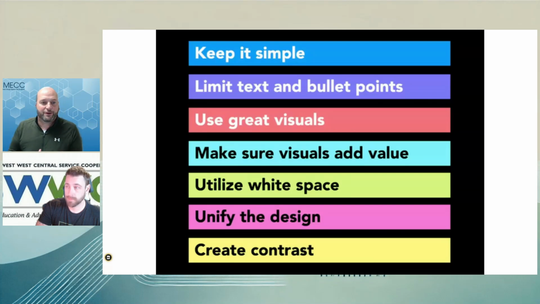And then finally, creating contrast between the text and the background on the slide to make sure that what you need to pop actually pops, the important stuff for those different viewers. And so we'll touch on these different principles as we're going through, and we're correcting the error of our ways.